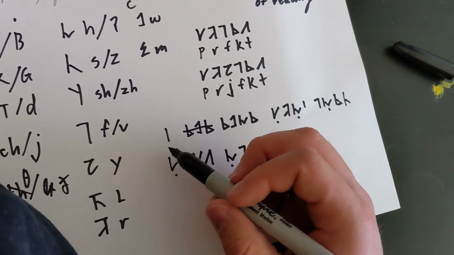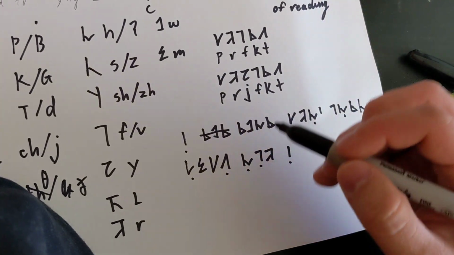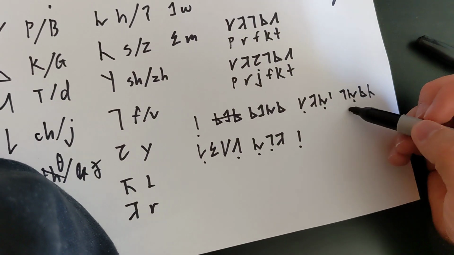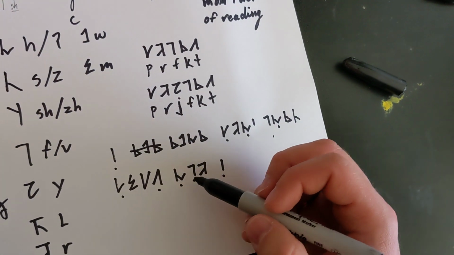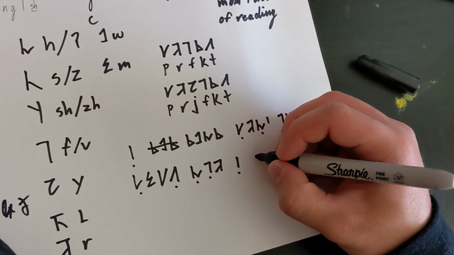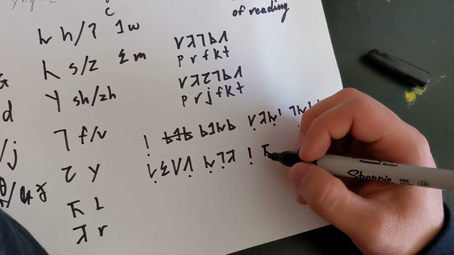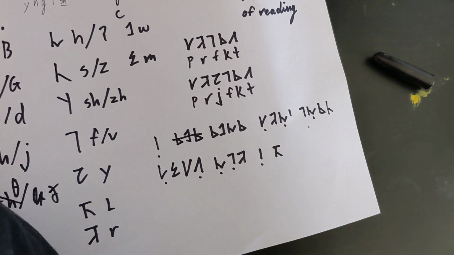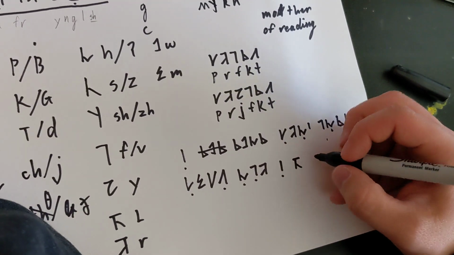So we have the quick brown fox jumped over the lazy. There's not a lot of words that look like lazy, so we don't even need a consonant for lazy.